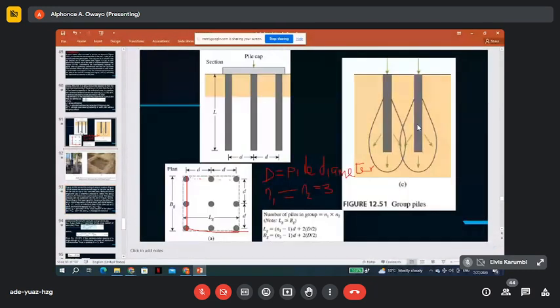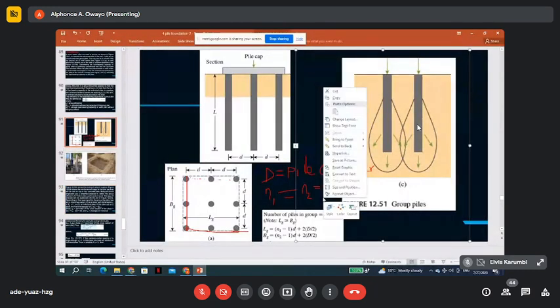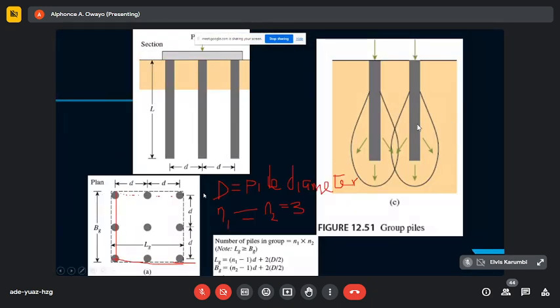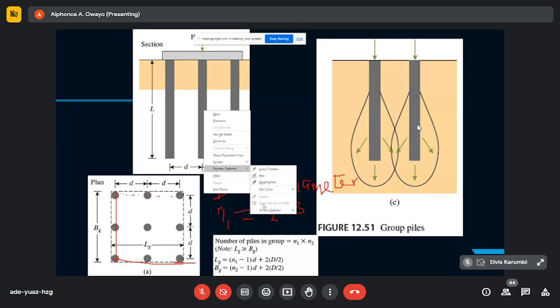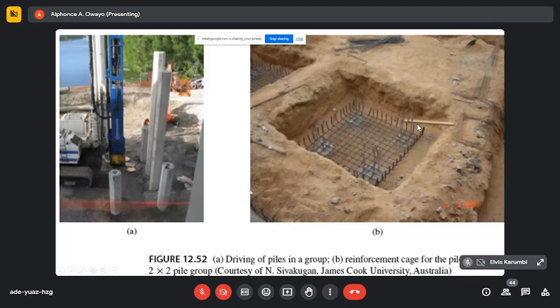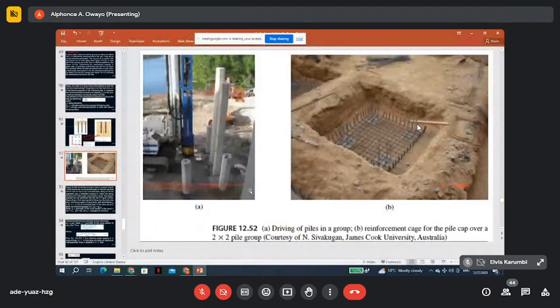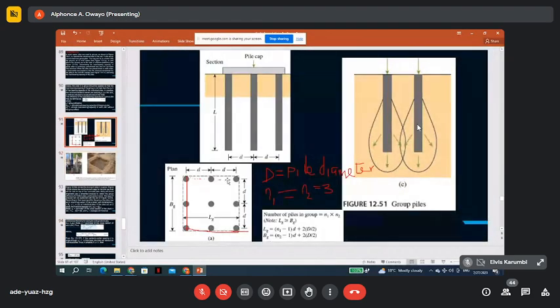In this case, the equivalent perimeter would be BG times LG times the length of the pile.